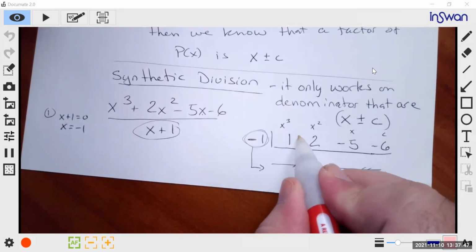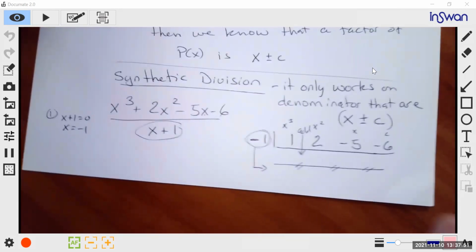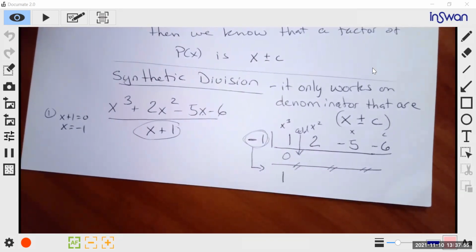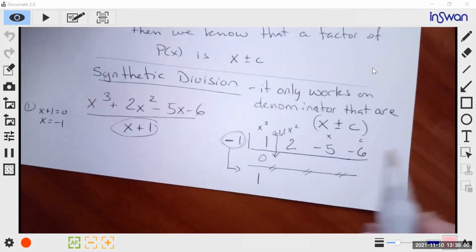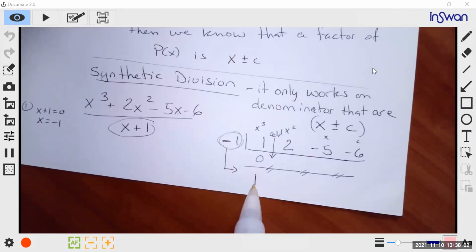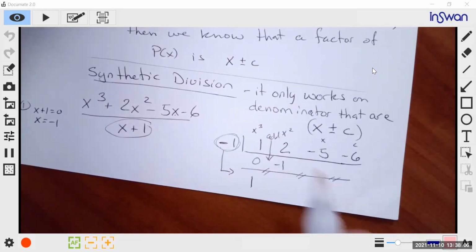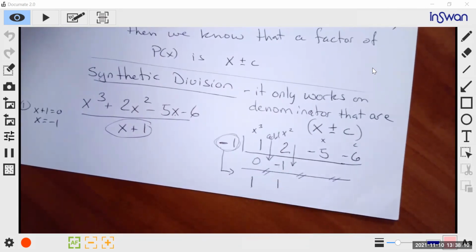And up and down, we add. So there's nothing there, so 1 plus 0 is 1. So -1 times 1 is -1. Remember, top down, add. 2 minus 1 is 1.